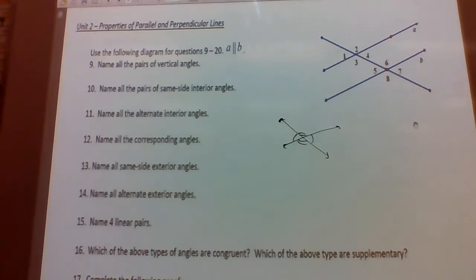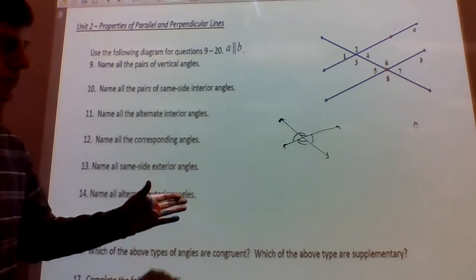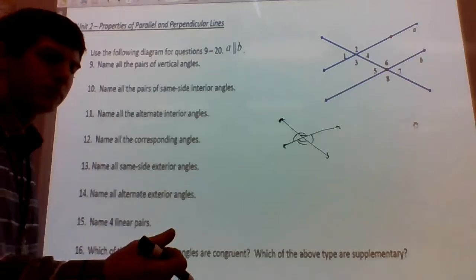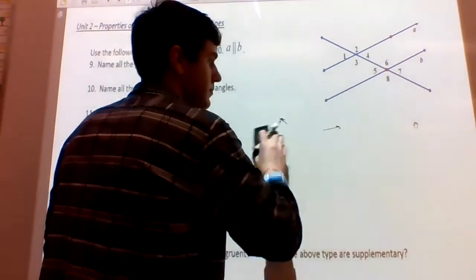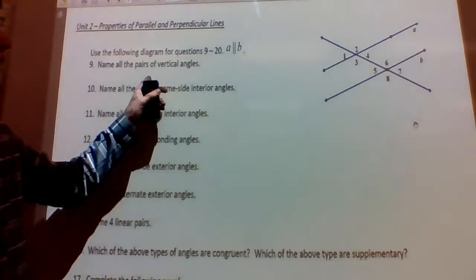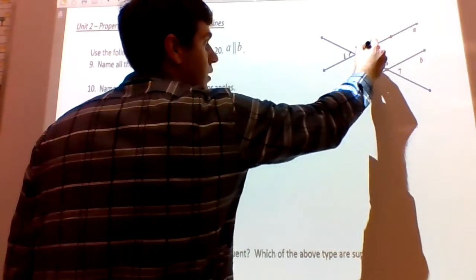The formal definition has to do with two pairs of opposite rays. It's easier to remember two lines cross each other. Think of opposite sides. They're vertical from each other. So here we have 1 and 4 are vertical.